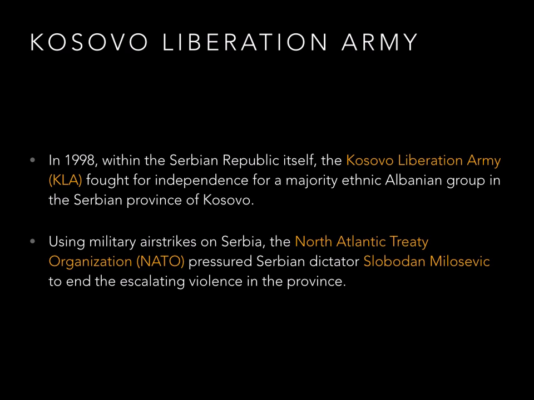Using military airstrikes on Serbia, the North Atlantic Treaty Organization, or NATO, ended up pressuring the Serbian dictator Slobodan Milosevic to end the violence in the province. Basically, he withdrew his troops.